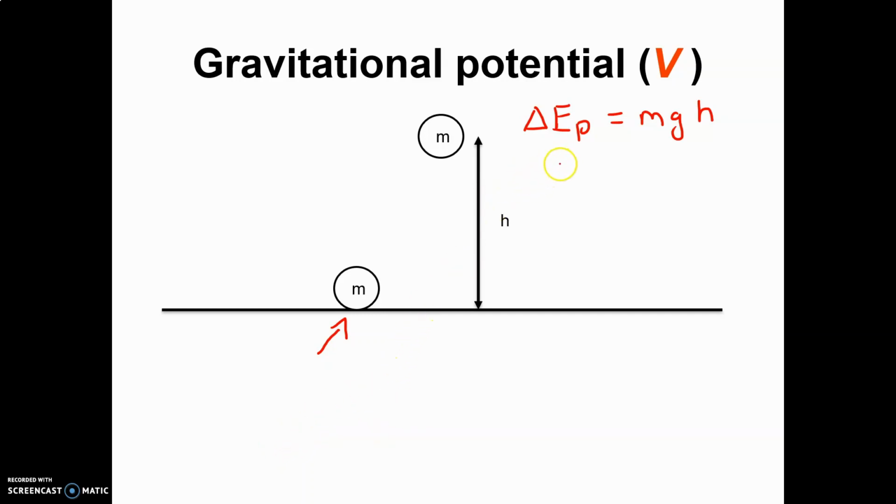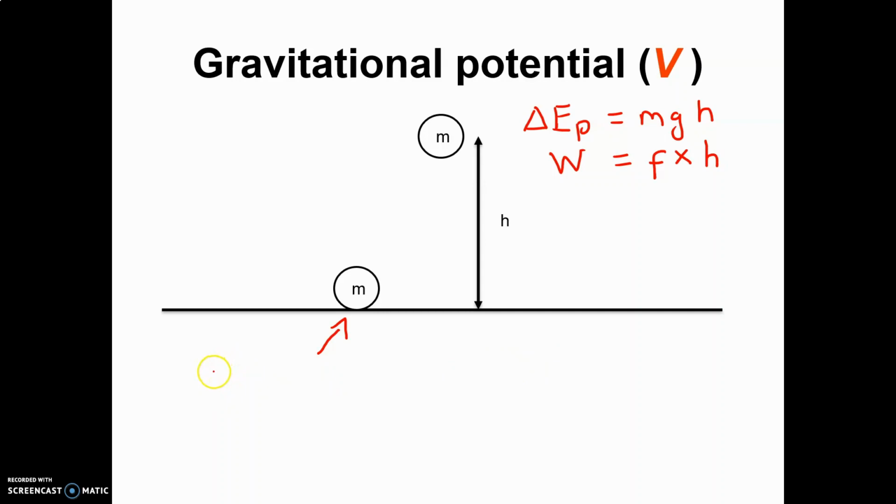The other bit of physics from GCSE was that to lift that object we have to do work, and in physics the work done is given by the force times the distance moved in the direction of the force. The force is lifted through a distance h, so our work done is force times the distance h.